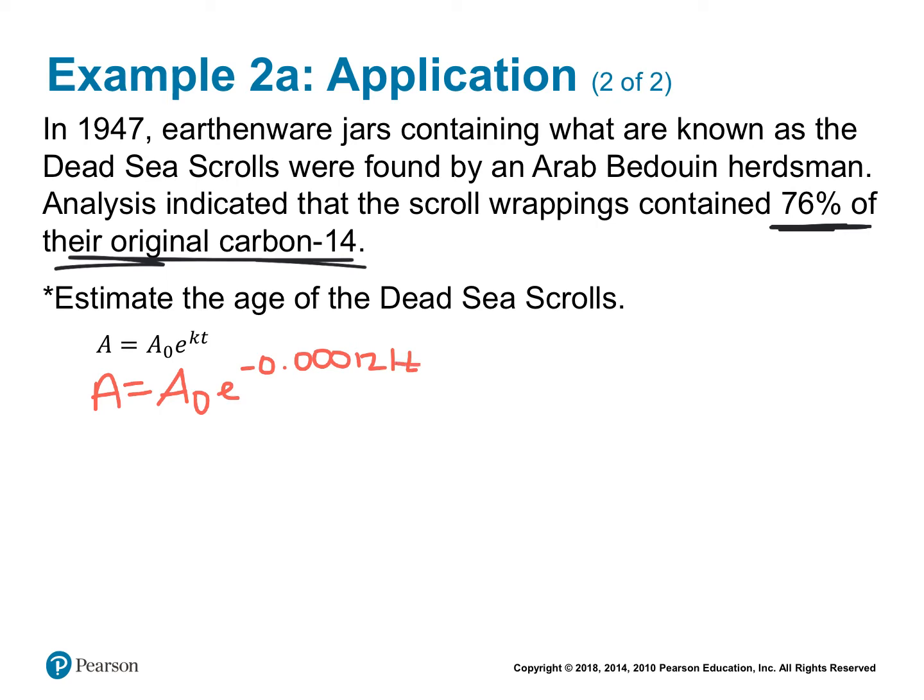And now what we do know is the ending amount, A, is 76% of the original. So this is 76% of the original. And go ahead and bring everything else down.